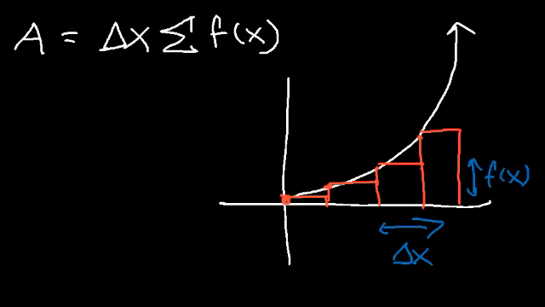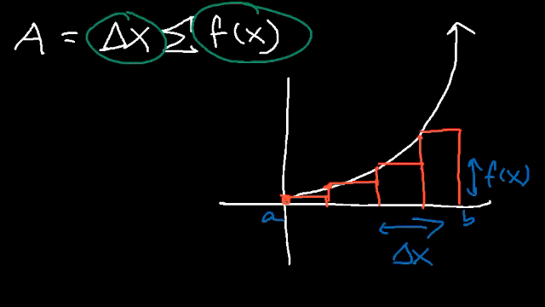So delta x, the width, times the height is going to give you the area of that rectangle. And to approximate the area from, let's say, A to B, you add up each rectangle, which is the sum of all the y values times the width, if the width is the same for each rectangle.